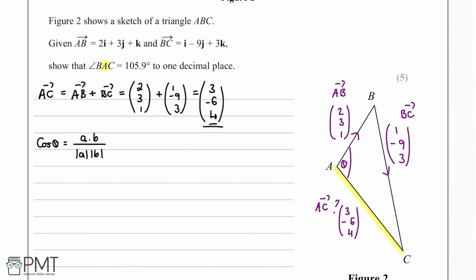So for completeness, let a be equal to 2, 3, and 1, and b be equal to 3, minus 6, 4. We note that we need both vectors to be pointing away from the angle. AB is going away from where the angle is, and AC is also going away from where the angle is.